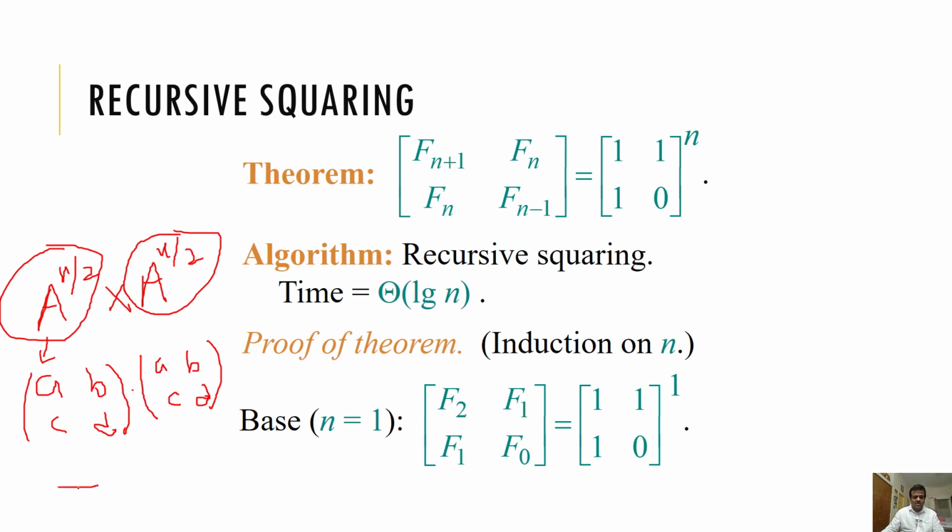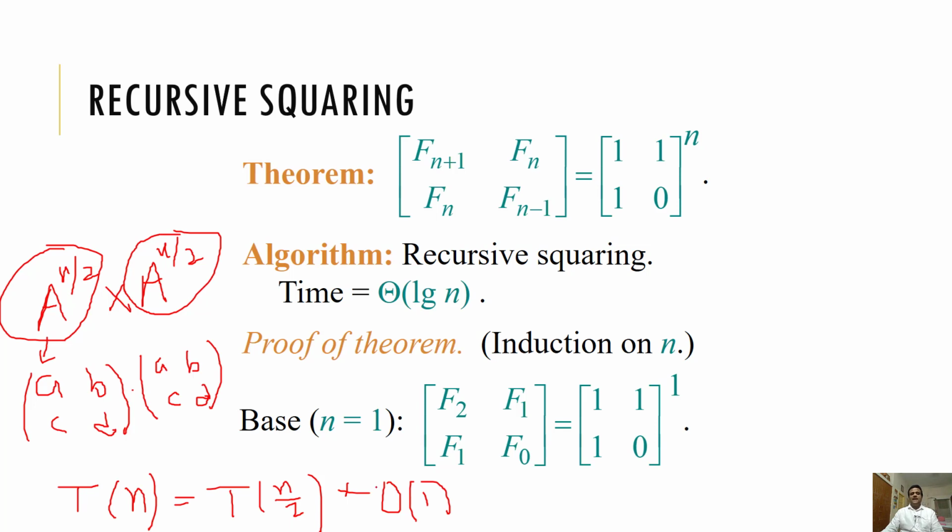That is the reason we get the recurrence T(n) equals T(n/2), because we have only one subproblem. Once we get this value, we just multiply it by itself, which is theta of 1.